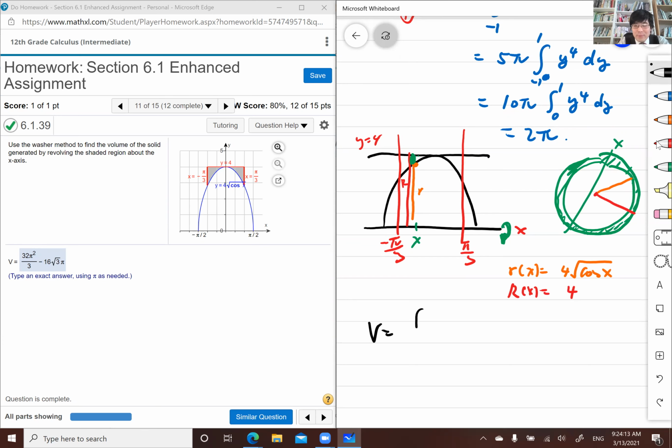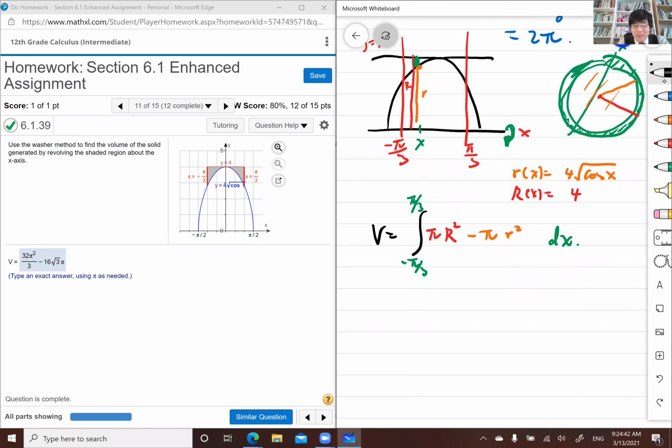So now the volume will be, you want to integrate from -pi/3 to pi/3 in the x direction the area of the larger circle, which is pi times the bigger radius squared, minus the hole part, which is going to be the area of the smaller circle.